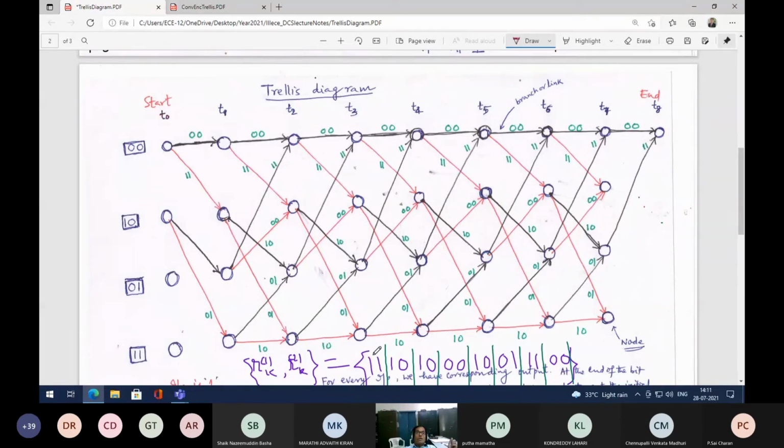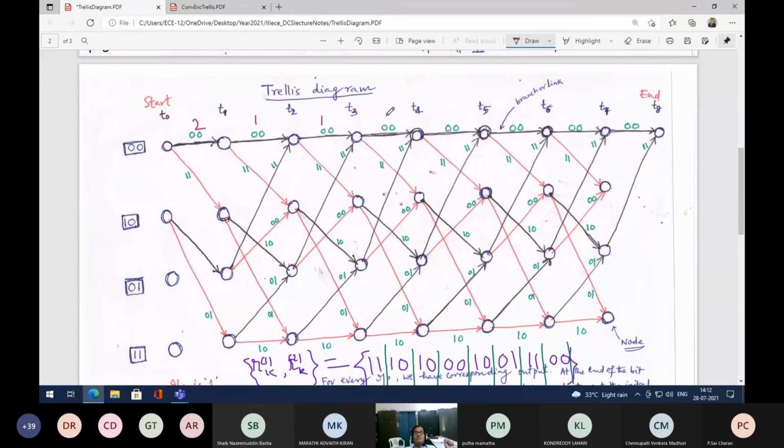So this 1 1. See, you compare this received sequence 1 1 and 0 0. What is the Hamming distance between these two? I'm taking the first pair 1 1 and this pair 0 0. 2, sir. 2. So I write 2 here, on the branch. Similarly, 1 0. I am comparing 1 0 and 0 0. What is the Hamming distance? 1. Correct? Here also 1.